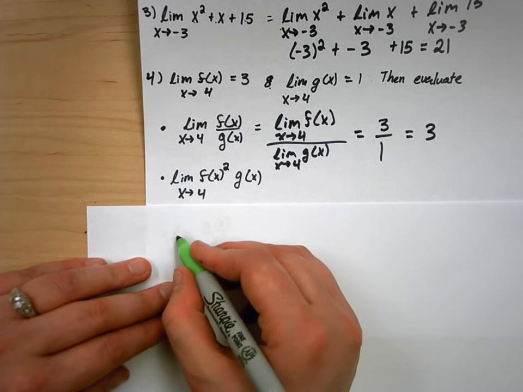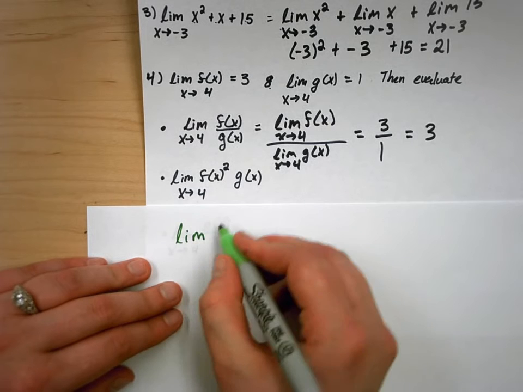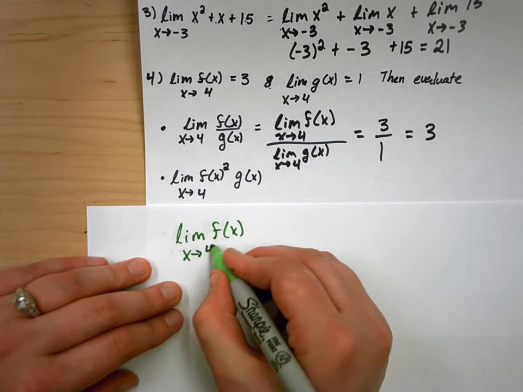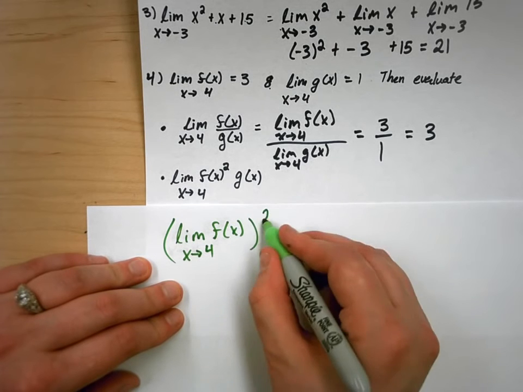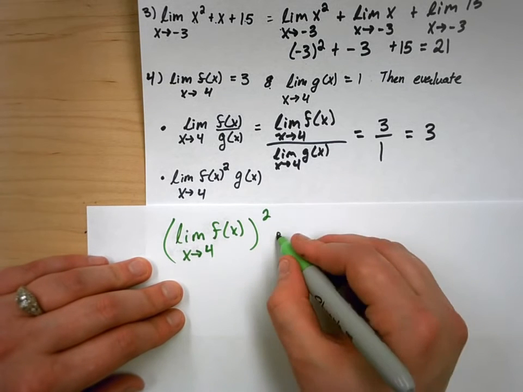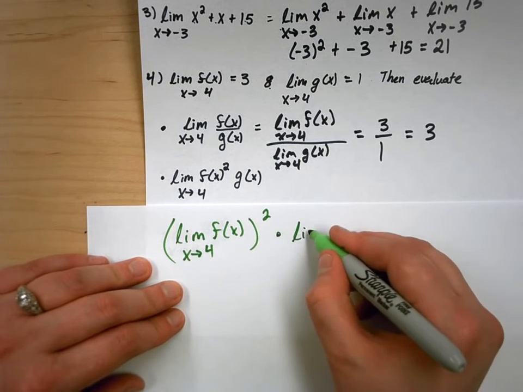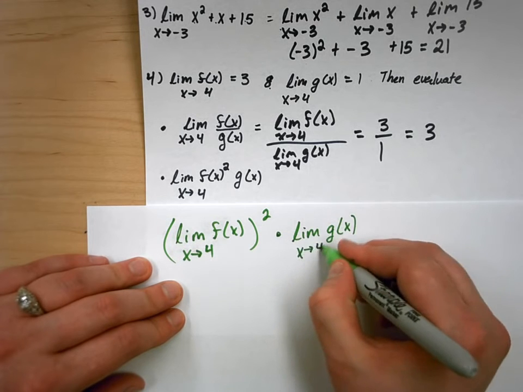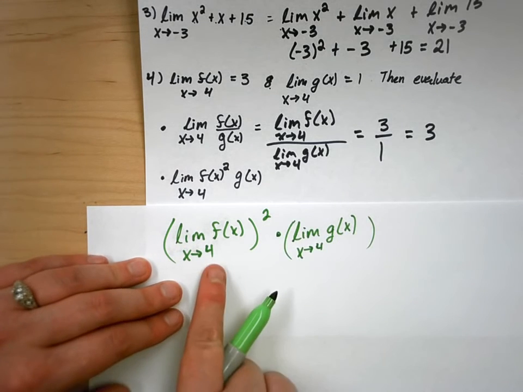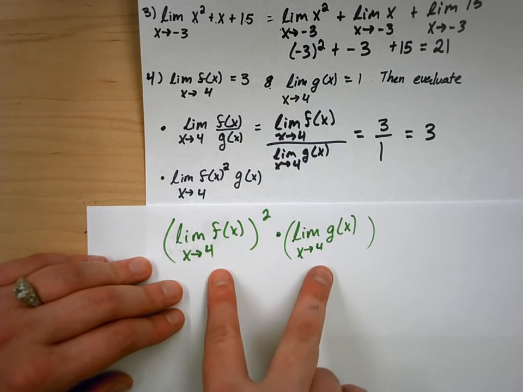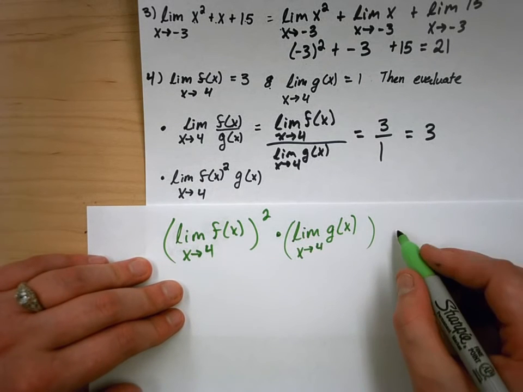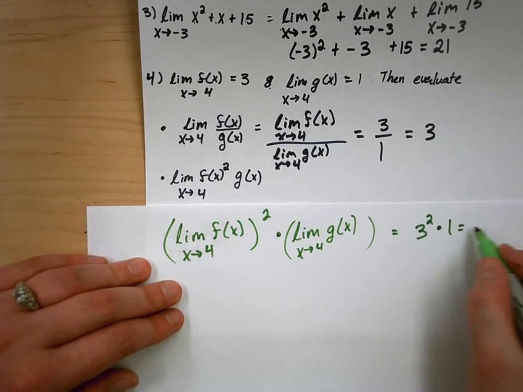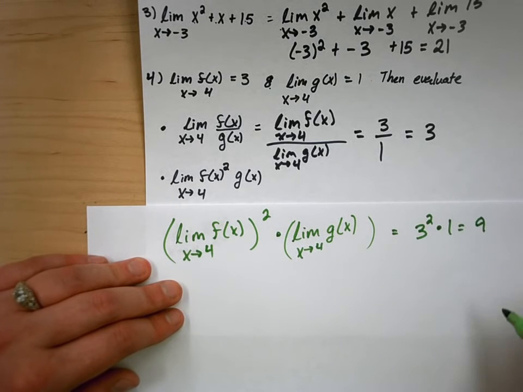So this is going to become the limit of f of x as x approaches 4, squared, times the limit of g of x as x approaches 4. So I'm using the power rule here, and then here I'm using the product rule. So this is going to be 3 squared times 1, which is going to give me 9.